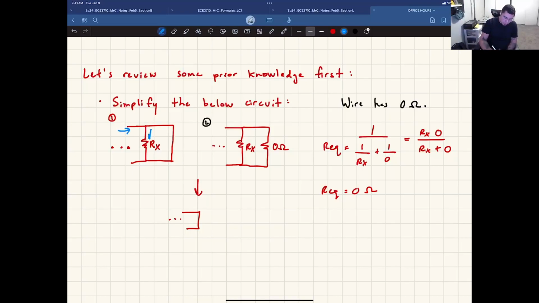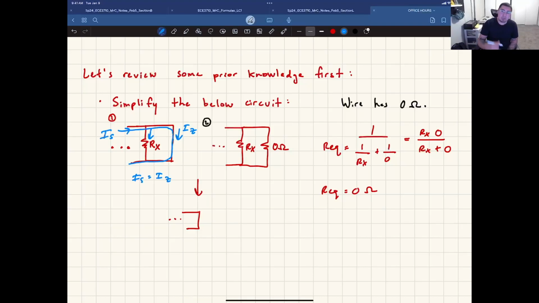So current comes and splits to this and this. Now, this current here, let's call it IZ. IZ has no resistance in that path. So this current here, called IS, all of IS is going to go through the wire. So that means IS is equal to IZ.